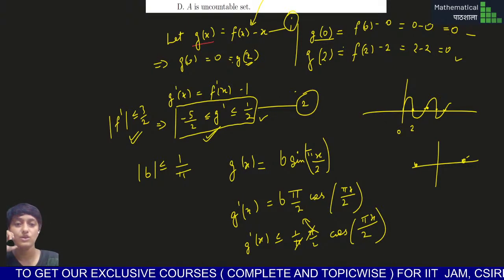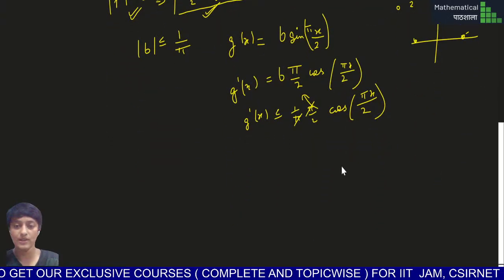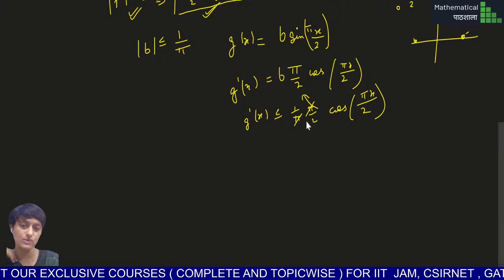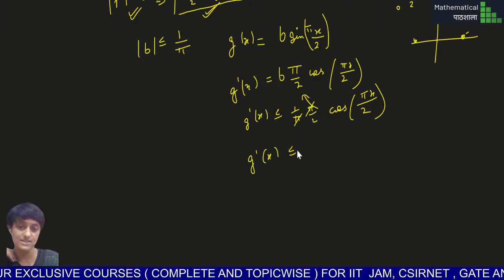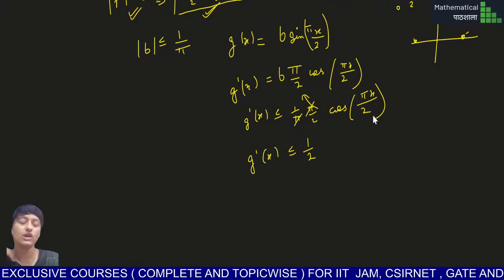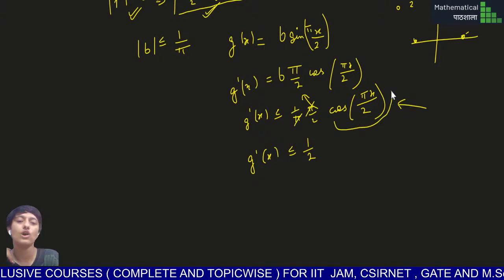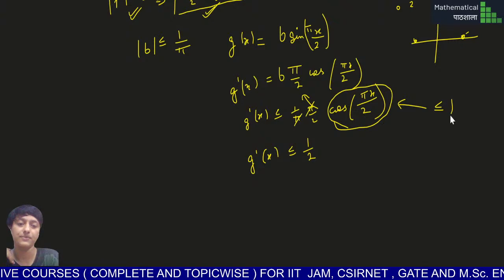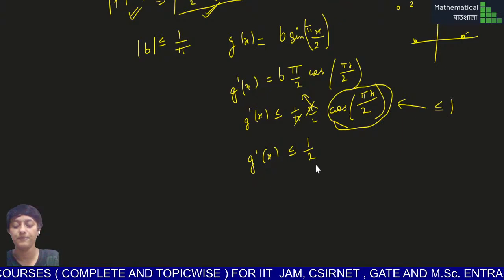We will use this obvious fact here, and we will get that g'(x) is less than or equal to 1/2, because the maximum value cos(πx/2) can take is 1. So g'(x) will be less than or equal to 1/2 simply.